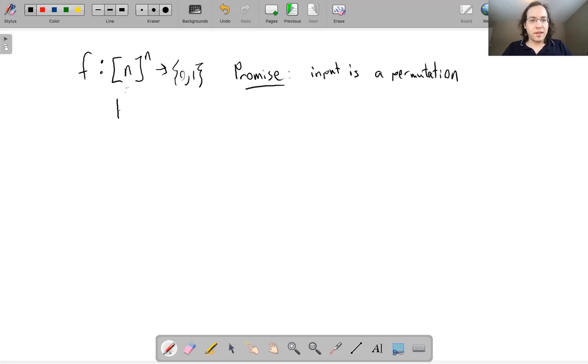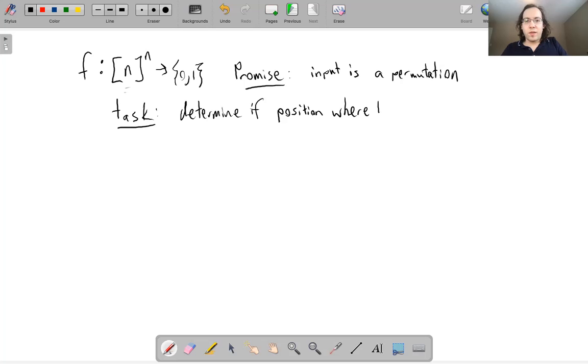And then the task. The task is to determine if the position where the 1 occurs is within the first half of the string.